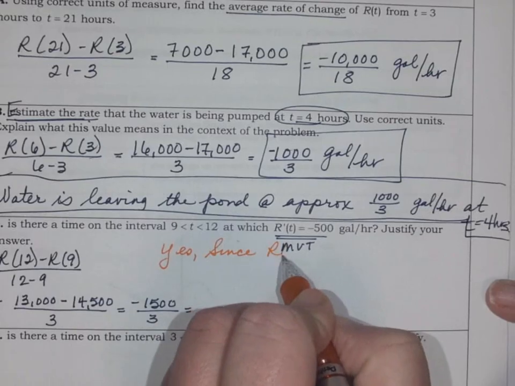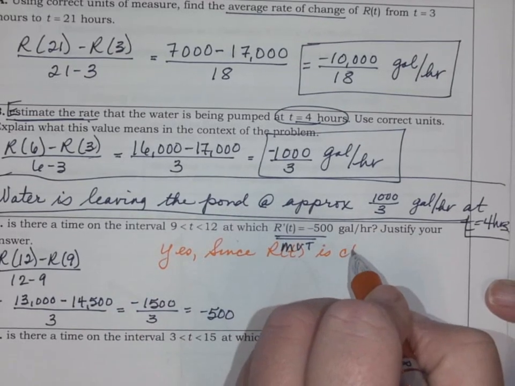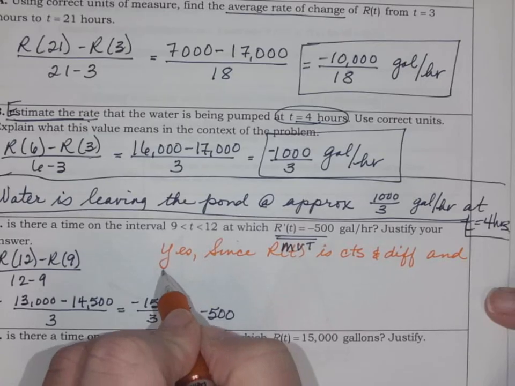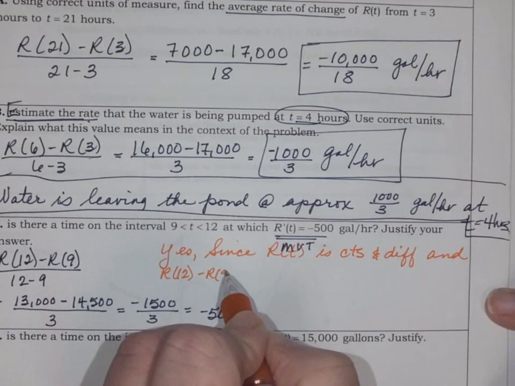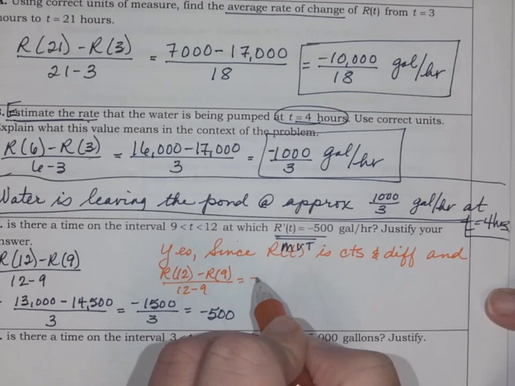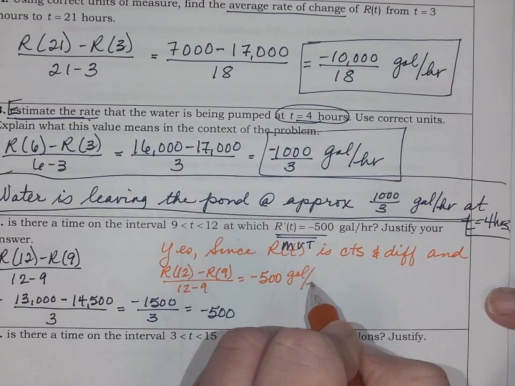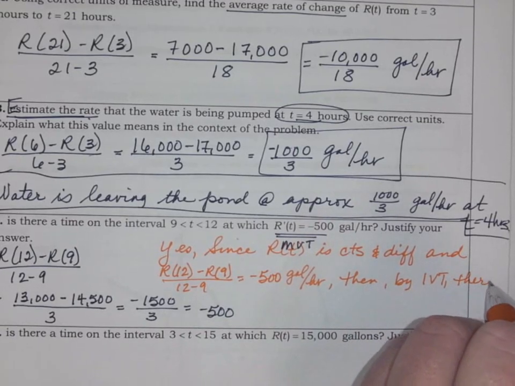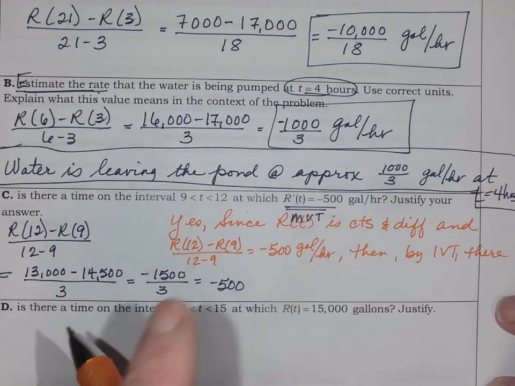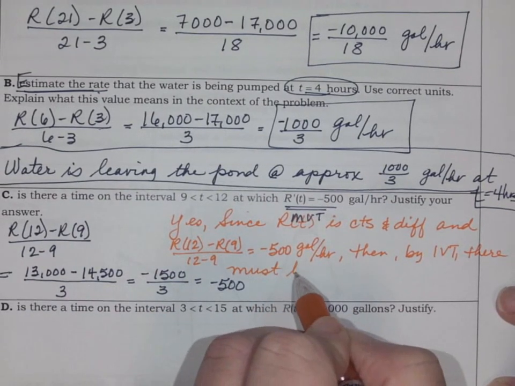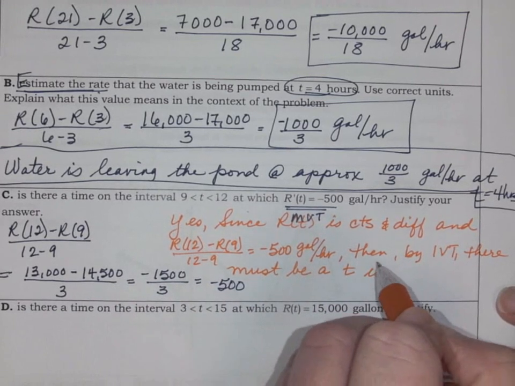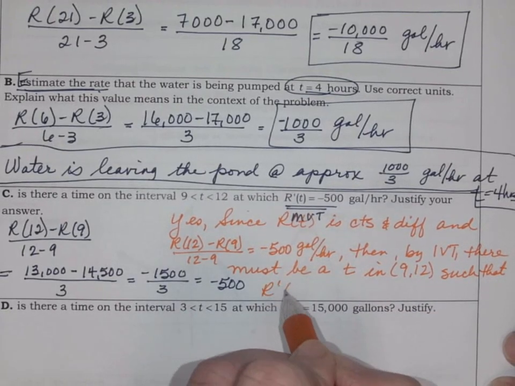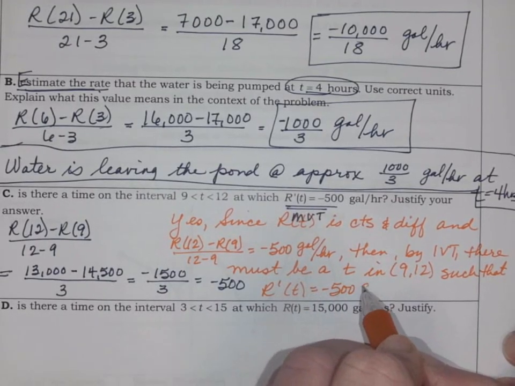Since R of t is, remember we're doing MVT, so we need both continuous and differentiable, and R of 12 minus R of 9 over 12 minus 9 is equal to negative 500 gallons per hour, then by MVT, there must be a t in 9 to 12 such that R prime of t is equal to negative 500 gallons per hour.